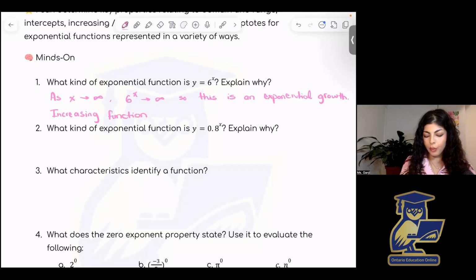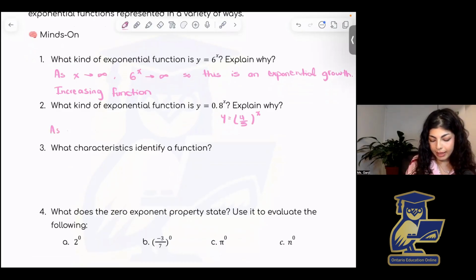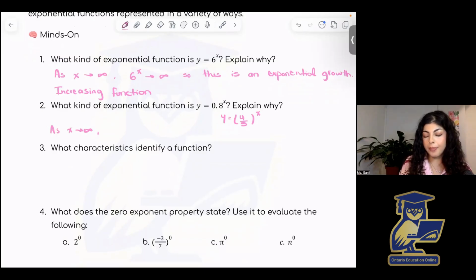Now, similarly, for the next one, we're also asked what kind of exponential function this is, but now we have y equals 0.8 to the power of x. Keep in mind, this is just y equals 4 over 5 to the power of x. So as x goes towards infinity, so as x is growing, and we are multiplying a decimal by a decimal, our output is getting smaller and smaller.